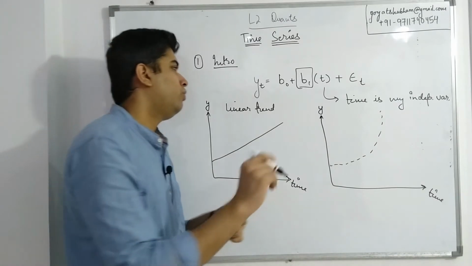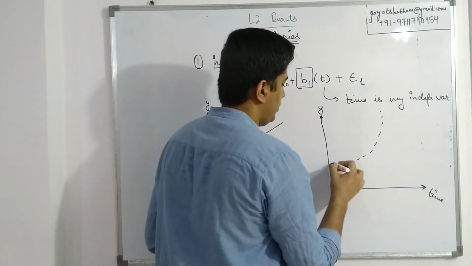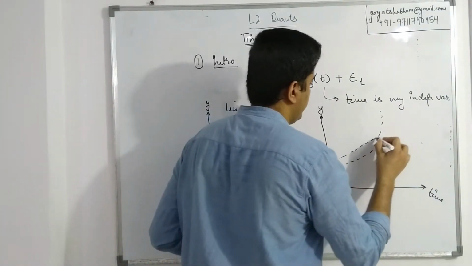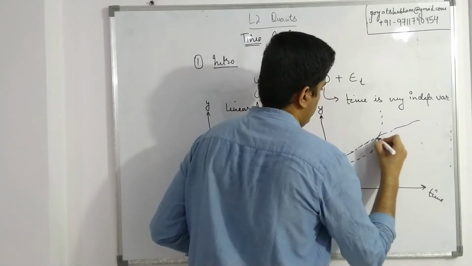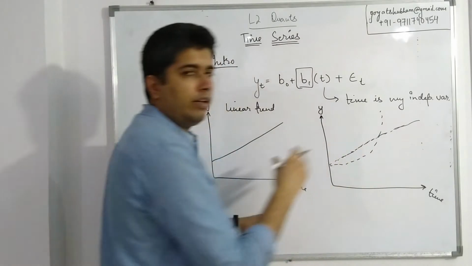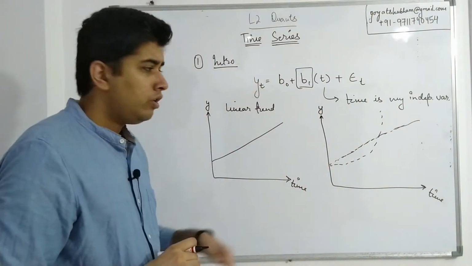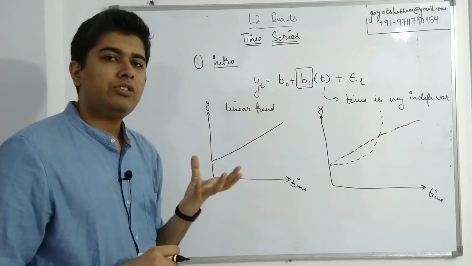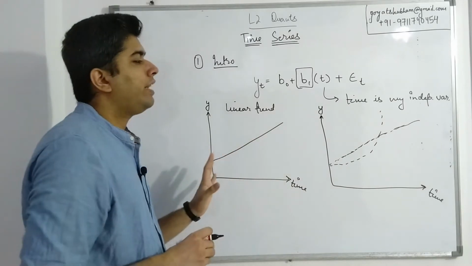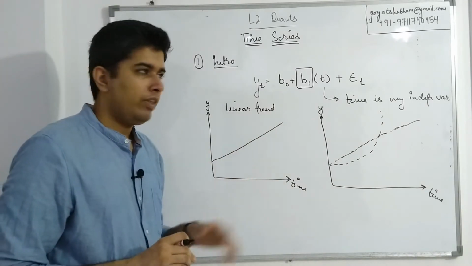So what I want is a line that I could use that fits my data set and captures most of its variations as well.